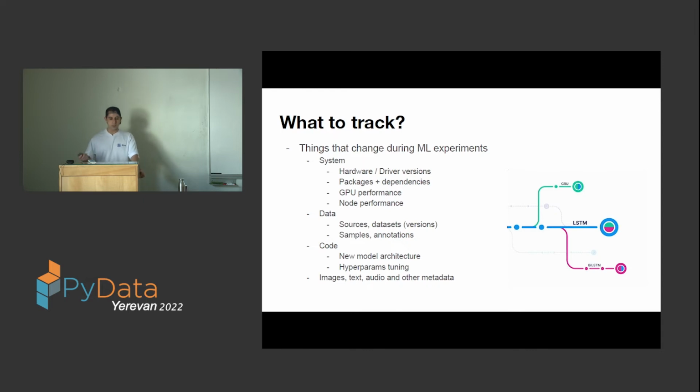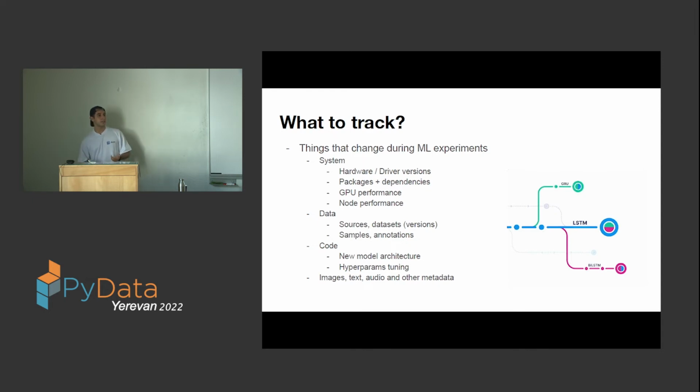Usually what we have seen people track in these types of scenarios is everything that moves in the system: hardware drivers, versions, packages, dependencies, GPU performance, node performance. For GPU performance, I can bring up 10 different metrics, starting from temperature up to driver memory, all sorts of things you can track. We have seen people track stuff with data too.